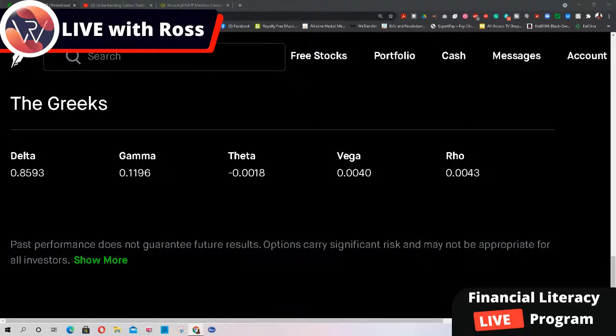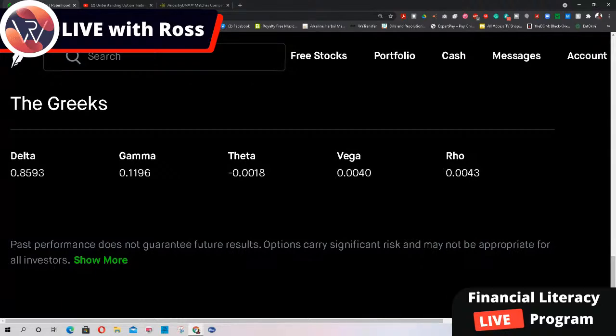Now, the Greeks measure the sensitivity of option prices to their respective variables. For instance, the delta of an option, that first one you see on the screen here, indicates the sensitivity of an option price in relation to a $1 change in the underlying security, that's the stock, while the gamma of an option indicates the sensitivity of an option's delta in relation to a $1 change in the underlying security.